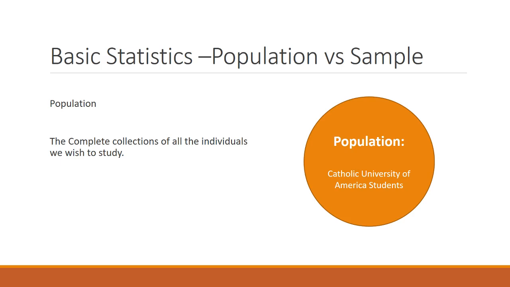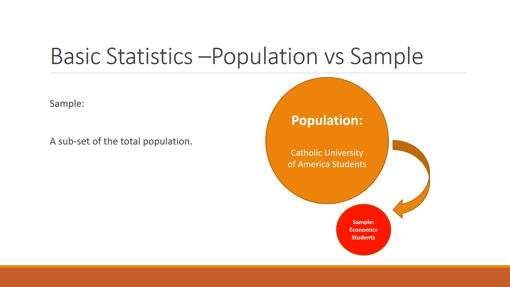Let's think of another example. Let's say we want to know something about students here at Catholic University of America. The whole body of students, all the students at the university, would be the population. But let's say that for some reason we can't collect data on the whole population. What we would need is to take a sample, some subset of the total population.